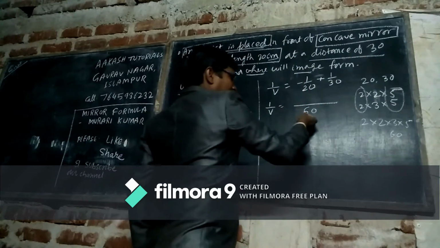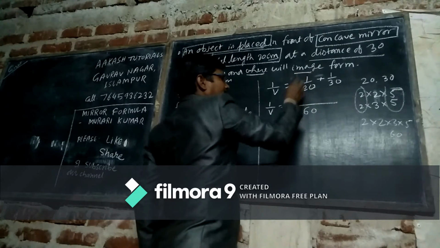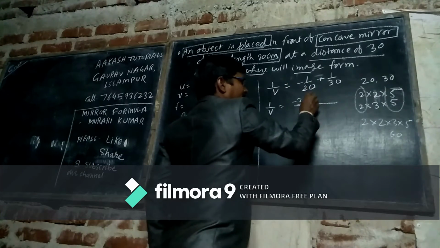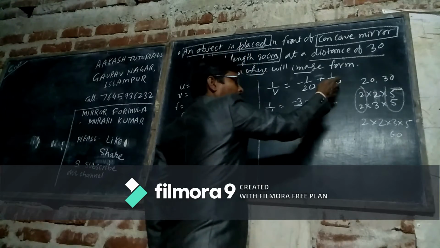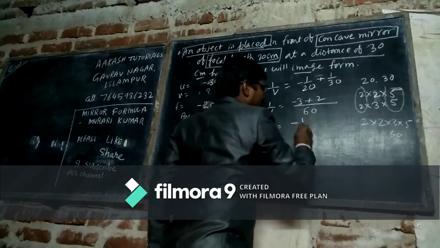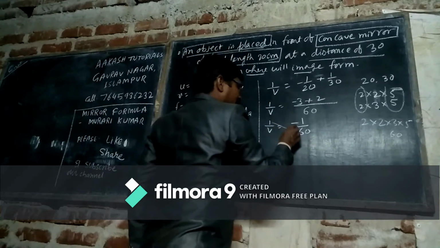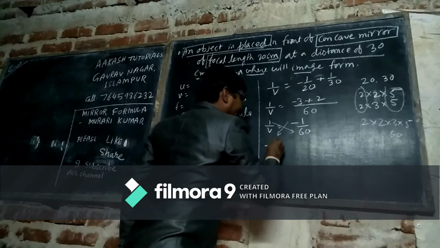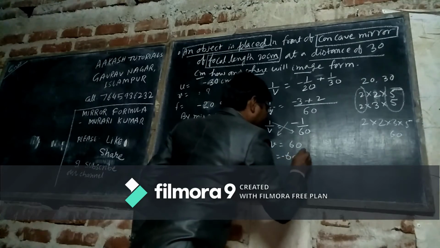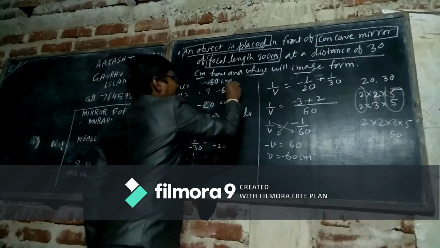Now 60 divided by 20 is 3, so minus 3, plus 60 divided by 30 is 2. That is, 1 upon v is equal to minus 1 upon 60. By cross multiplication, we obtain minus v is equal to 60, or v is equal to minus 60 centimeter. So we have found the value, minus 60 centimeter.